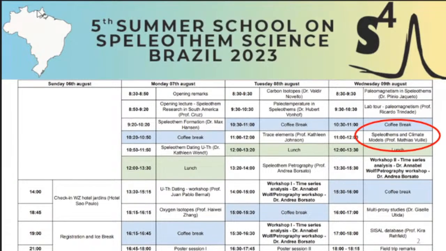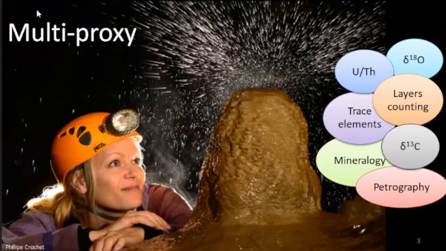And now I'm going to join everything and send you a message about how to use all this data together, how we can do it, and why you have to do it. Multiproxy. So, we already do multiproxy studies. All of you do dating, oxygen isotopes.